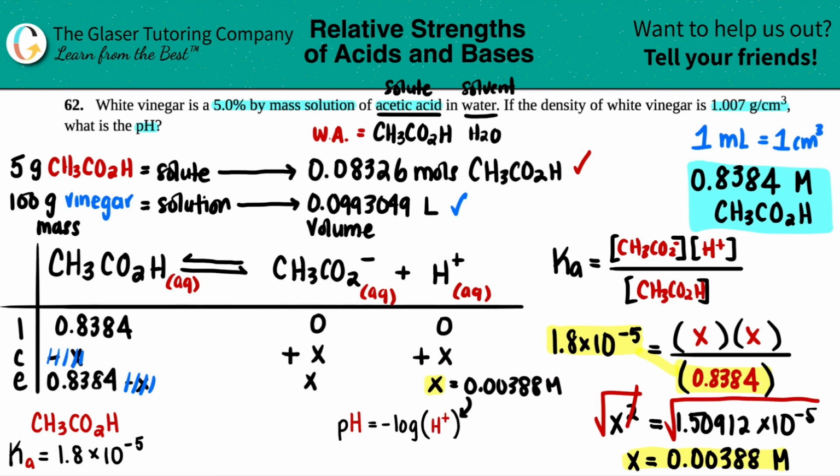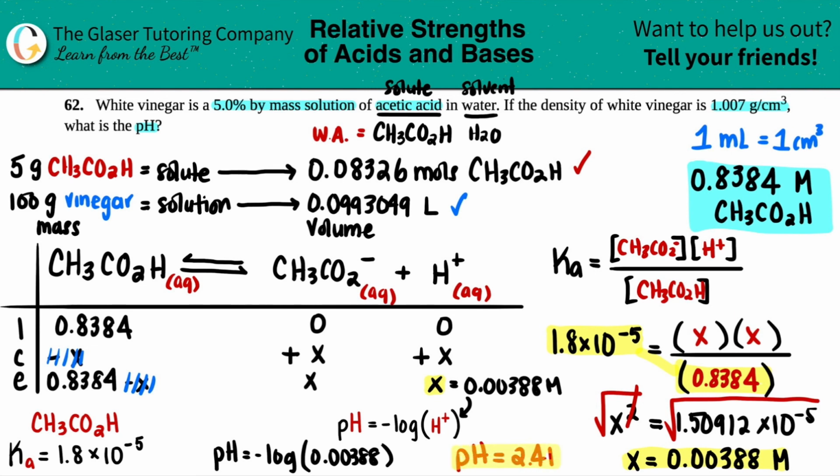So pH equals negative log of 0.00388. And we're going to find our answer. So negative log of 0.00388, and we'll get 2.41. And that is our final answer.